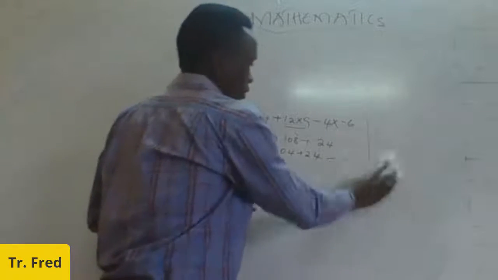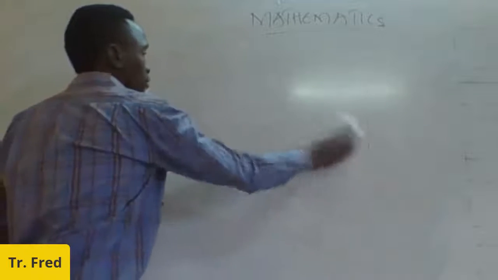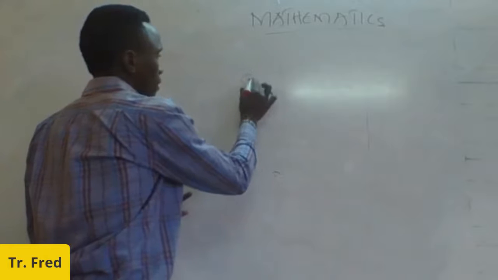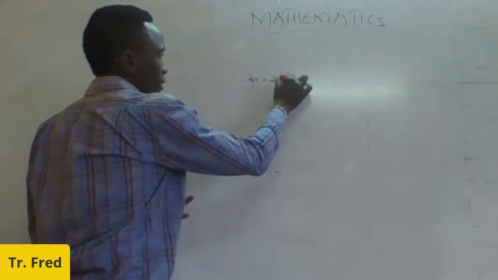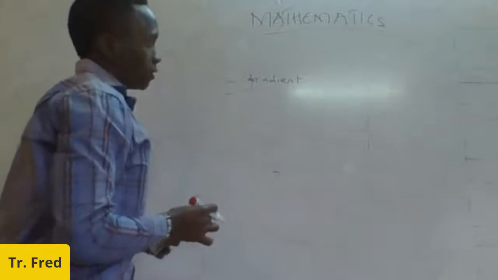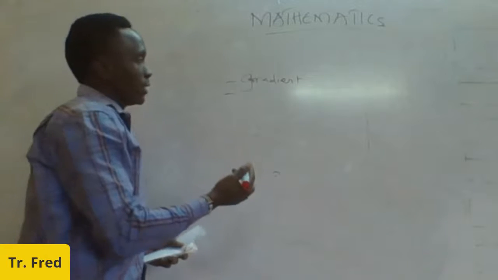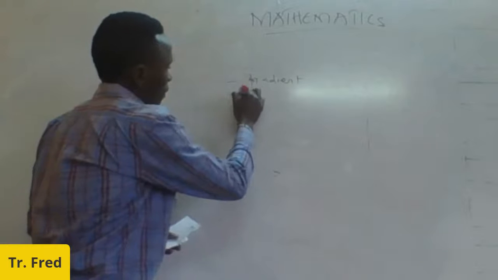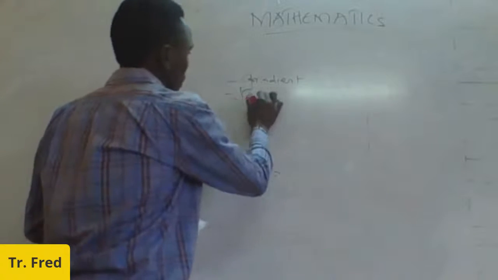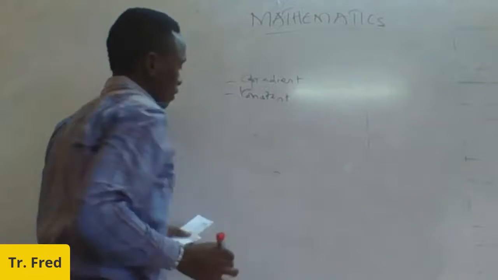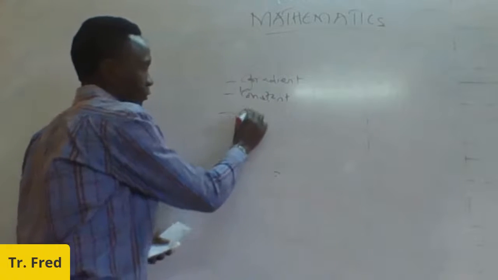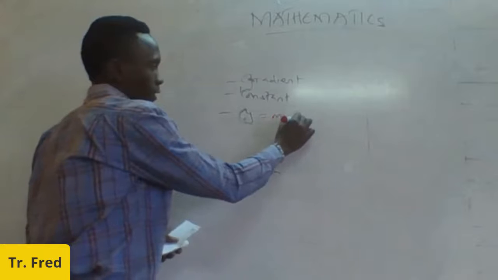The most important things on the equation of a straight line are to know how to calculate the gradient of a straight line, and how to calculate the constant itself, and how to express the equation in terms of y equals mx plus c.